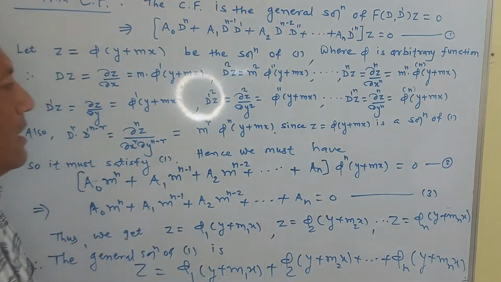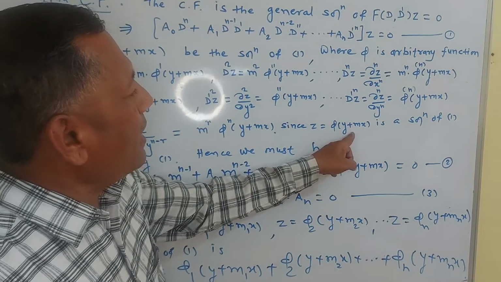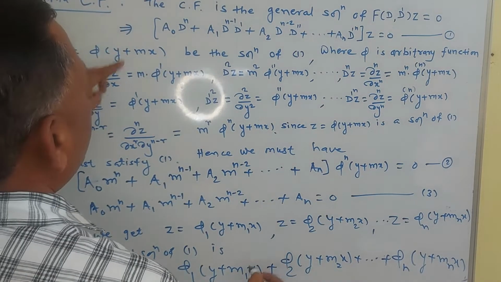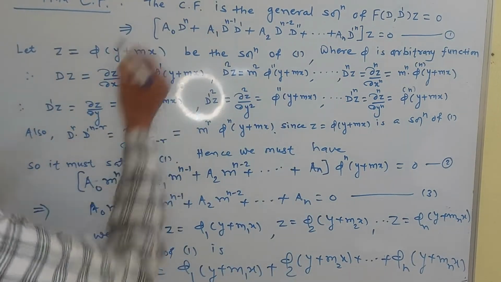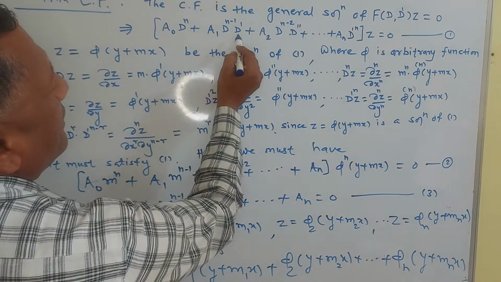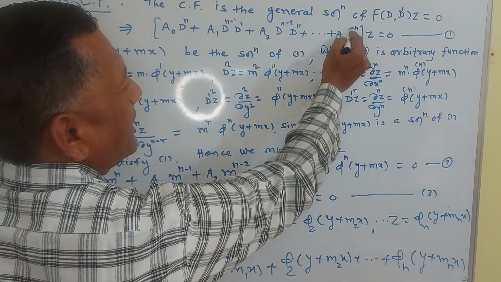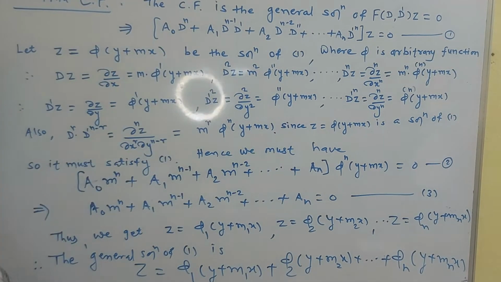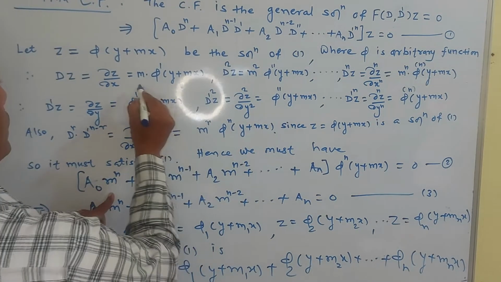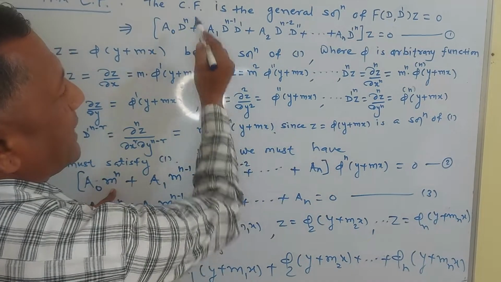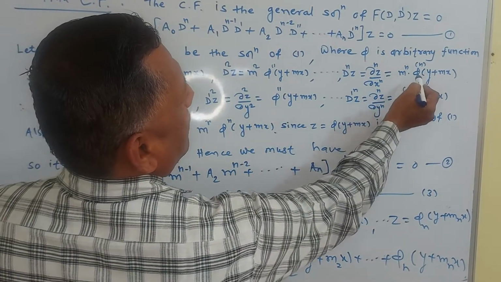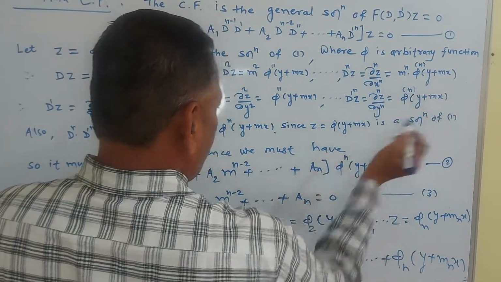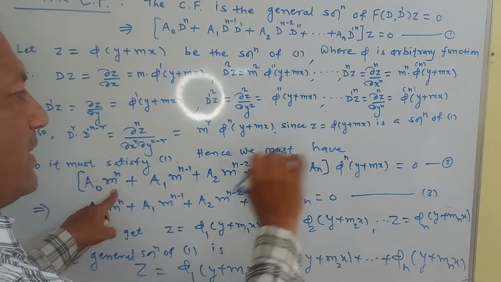This solution means z = phi(y + mx) satisfies equation 1. If it satisfies equation 1, then you substitute all the values, the value of D^n, the value of D^(n-1) D', up to the value of D'^n in equation 1. If you put all the values in equation 1, what do we get? a0 into the value of D^n, which is m^n phi^(n)(y + mx), but everywhere there is phi^(n)(y + mx), so you take phi^(n)(y + mx) common.